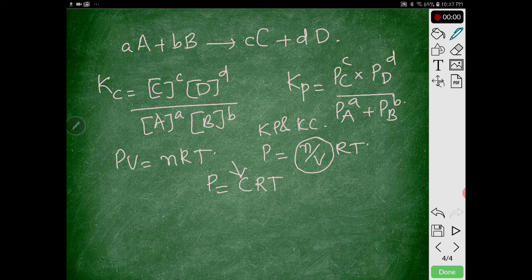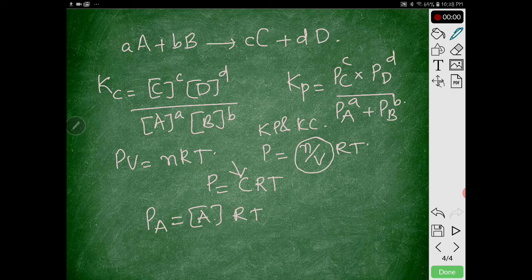So for A, the partial pressure of A can be written as the concentration of A into RT. Partial pressure of A is equal to the molar concentration of A into RT.